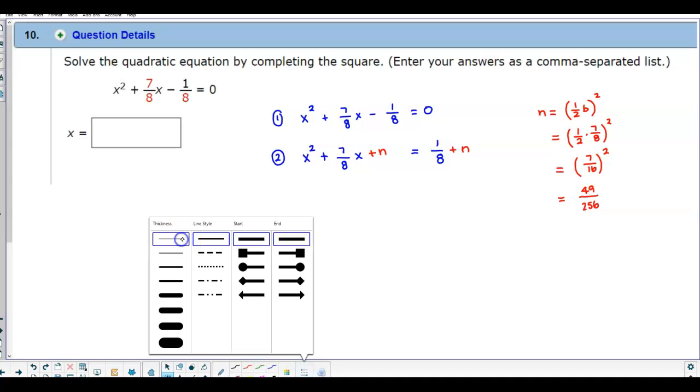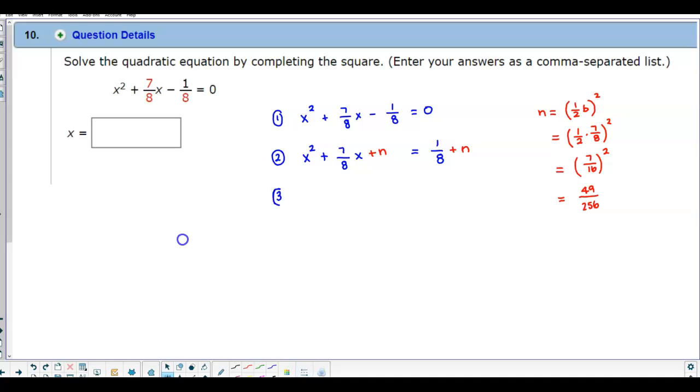So going back to now step 3, we have x squared plus 7 over 8 x, and then we're going to add the value of n that we just solved for, so that's going to be plus 49 over 256.